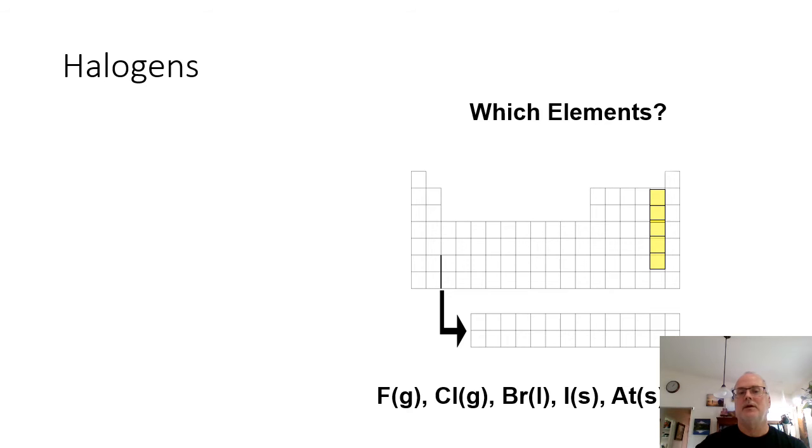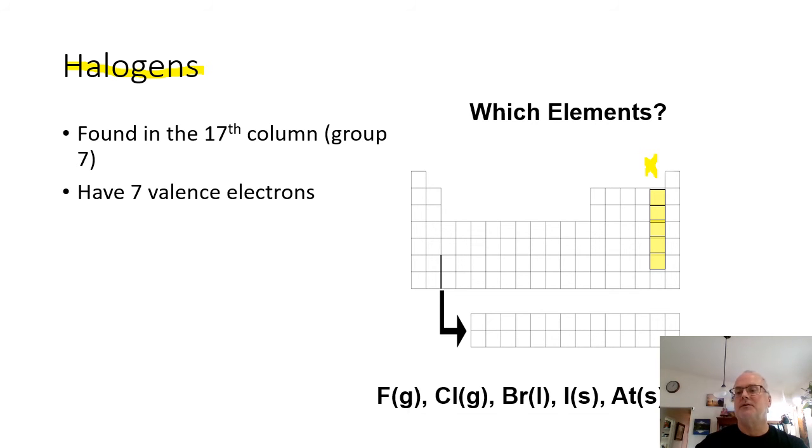So the next group that we're going to look at here, these will be the halogens. The halogens are found over here in column number 17. The characteristic with them is all of the members of this family have 7 valence electrons in their outer energy level.